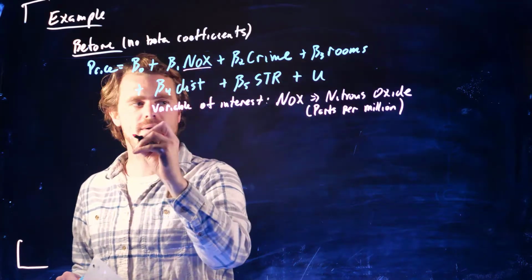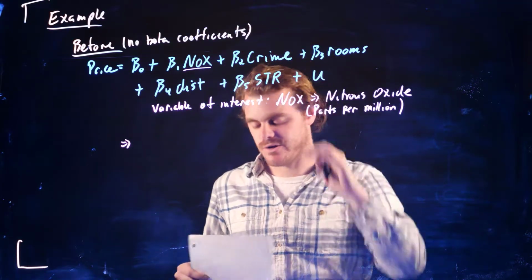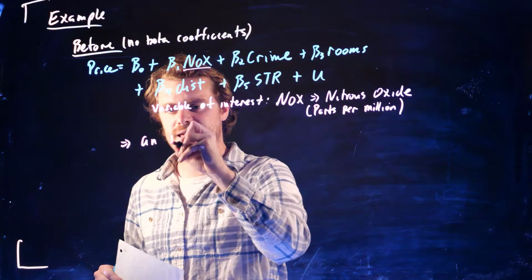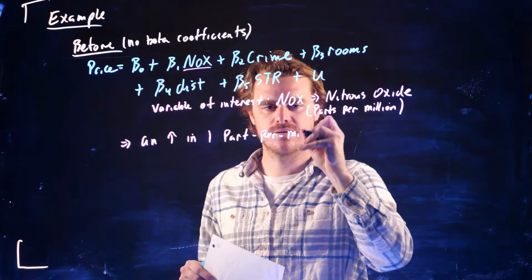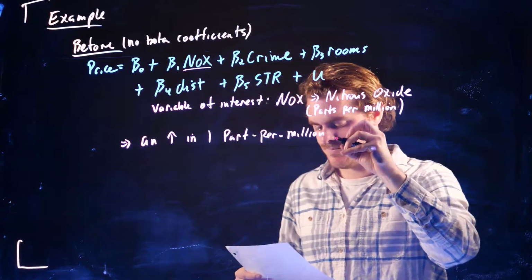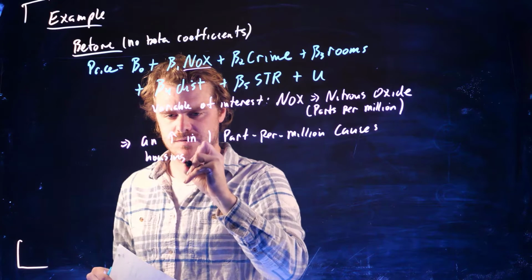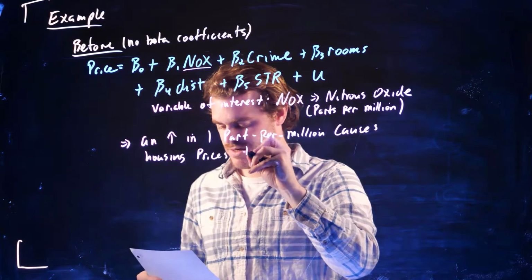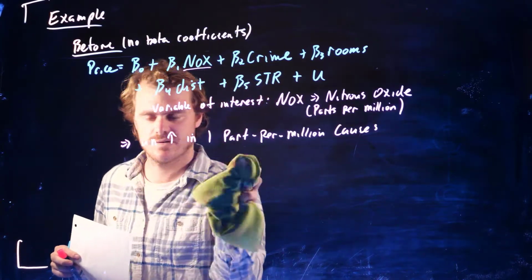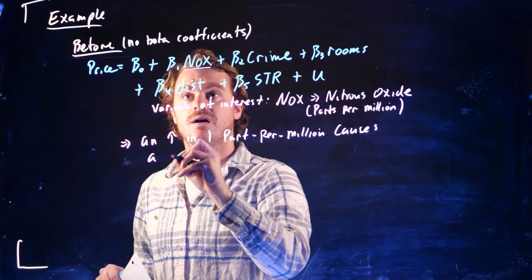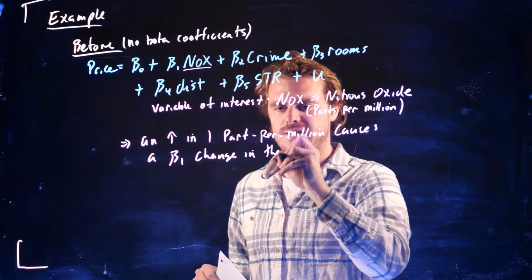And so how we'd interpret this before, if we just use our normal coefficients, we're not using beta coefficients yet, would be an increase in 1 part per million causes housing prices, or causes, a beta 1 change in the price of a house.